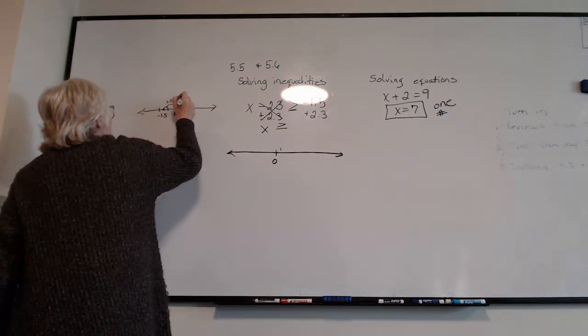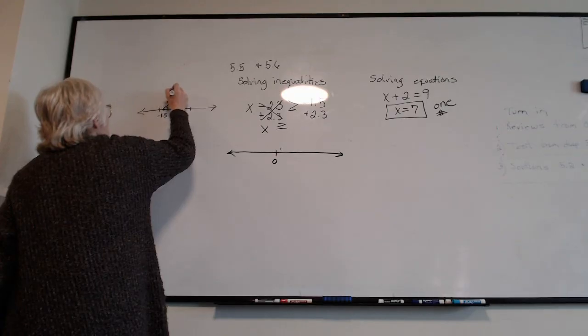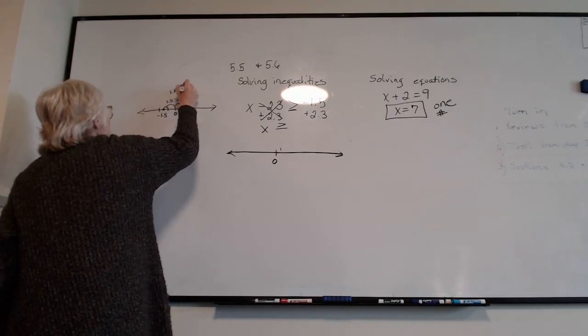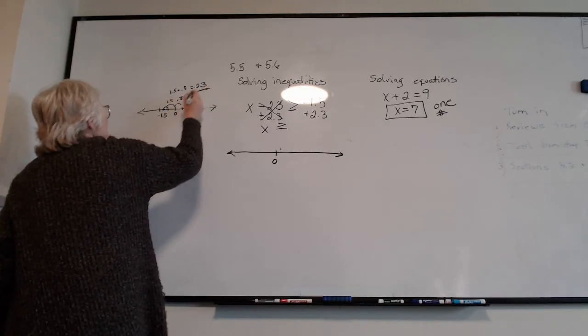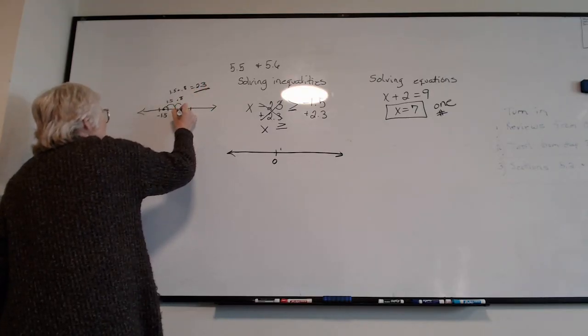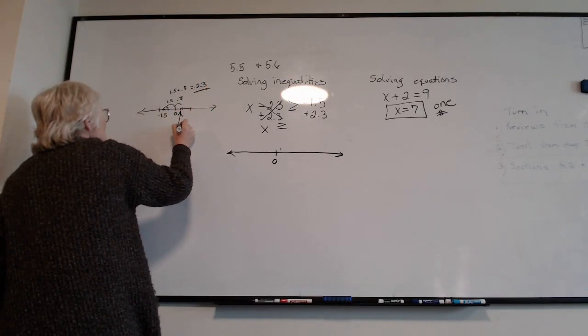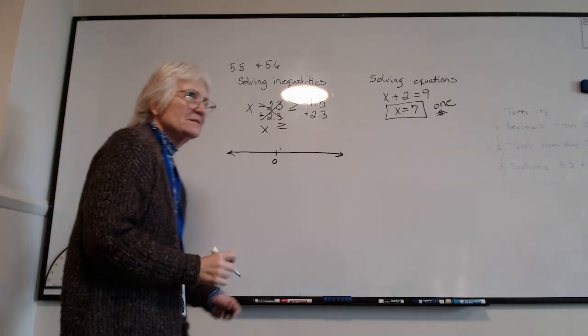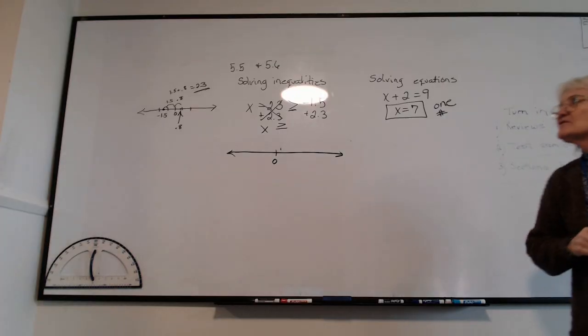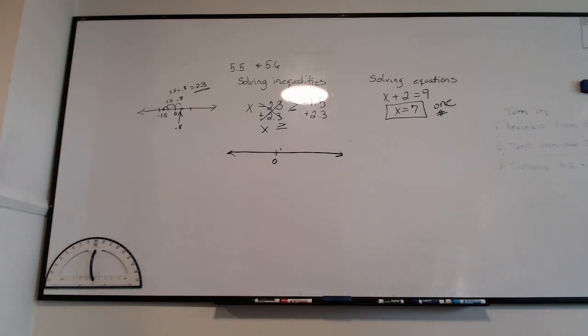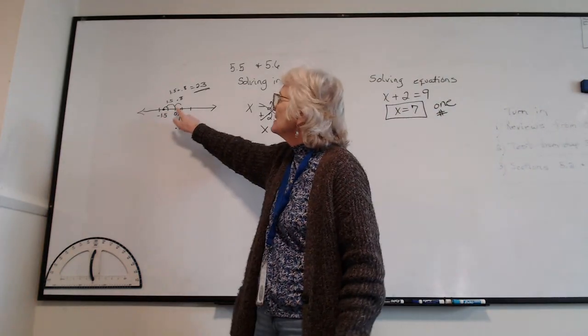Because if I add 1.5 plus 0.8, I get 2.3, which is what I wanted to add. So I'm right here at 0.8. Does that make sense? That's tricky. I know that's tricky. But it took 1.5 just to get to 0.